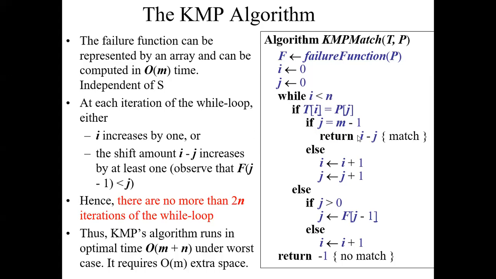My question is, why am I returning I minus jth index? Where is the match happening by this algorithm? Is the match happening at the 0th index or at the first index?